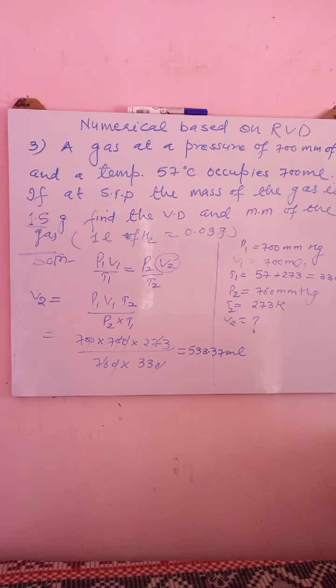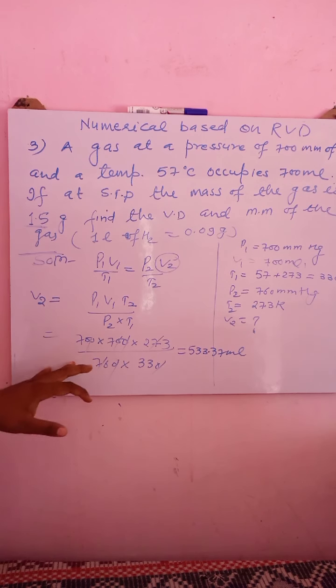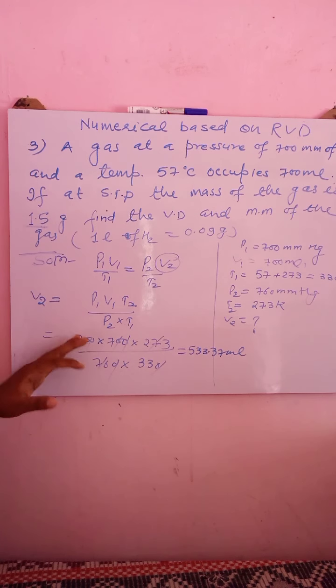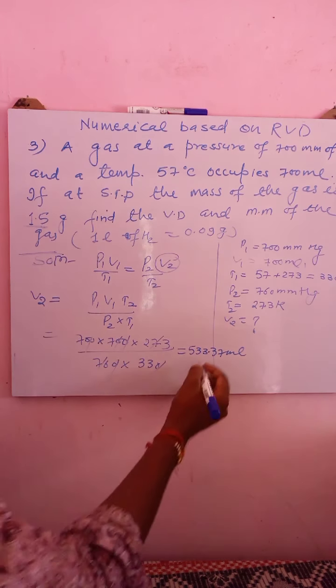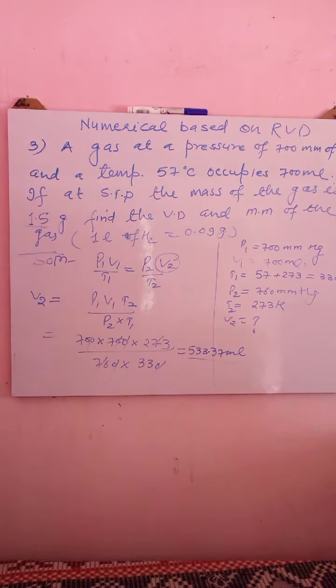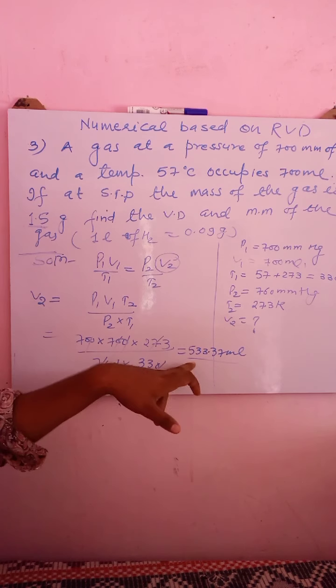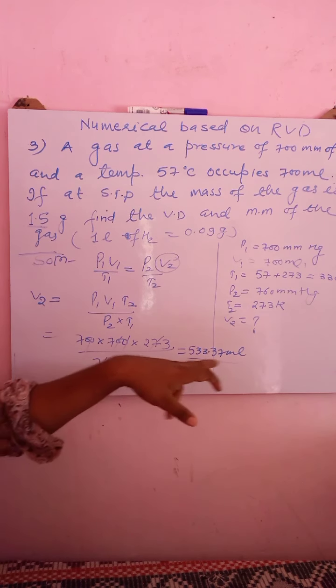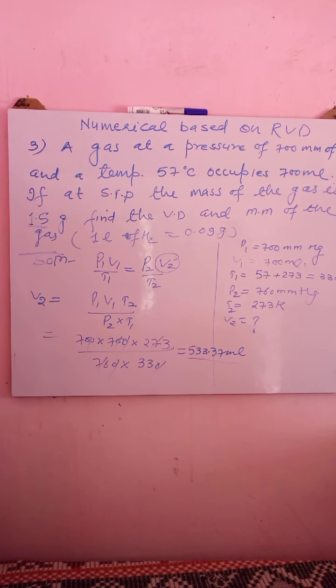I have already divided and multiplied, you have to do it at home. It means this much volume will weigh 1.5 gram at STP. Now you have to find the vapor density with reference to this volume.